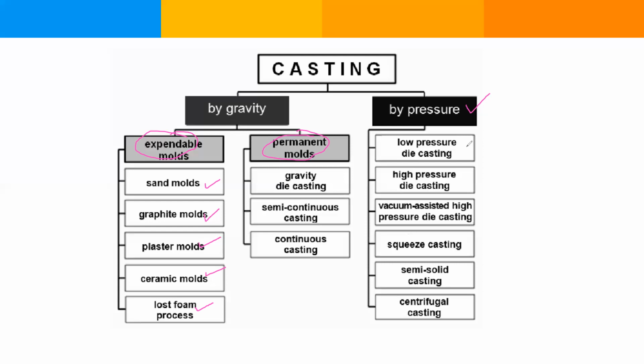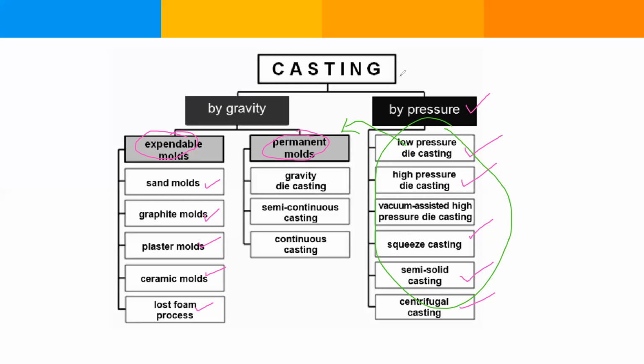Under this category, we have low pressure die casting, high pressure die casting, vacuum assisted die casting process, squeeze casting, semi-solid casting, and centrifugal casting. All these five or six processes also come under permanent mold casting. For low pressure die casting, high pressure die casting, squeeze casting, semi-solid, and centrifugal casting processes, we use a permanent mold.